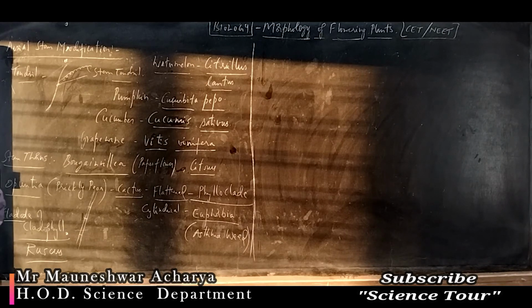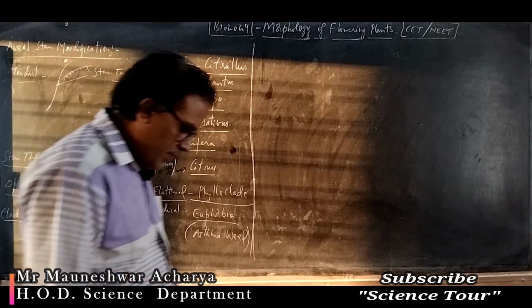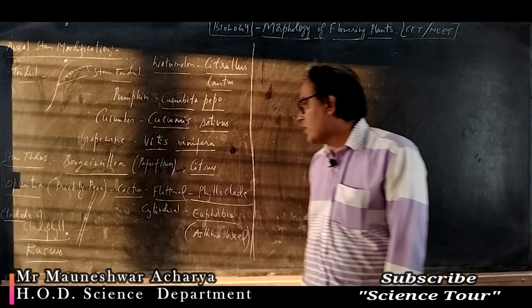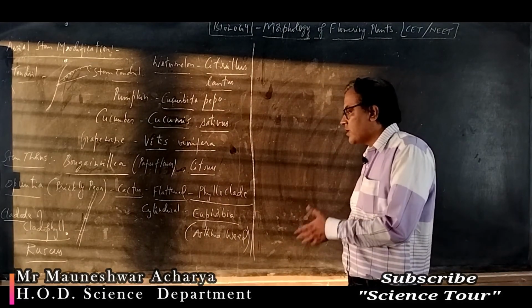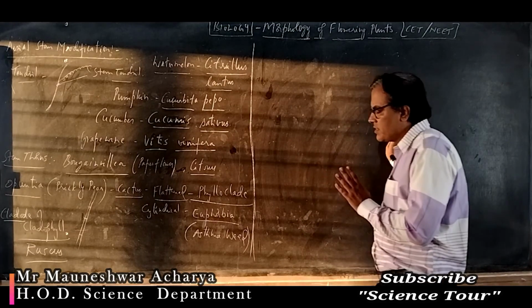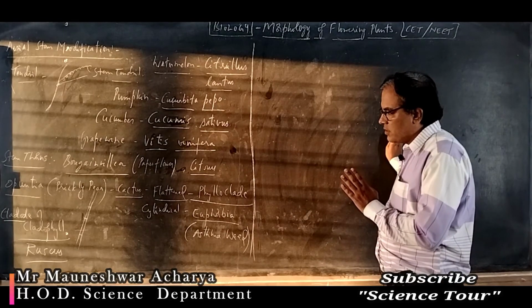So, an important question for the exam, may not be for the board exam but for competitive exams: differentiate between phylloclade and cladode, or the other name for cladode, cladophyll. First, what is a phylloclade?